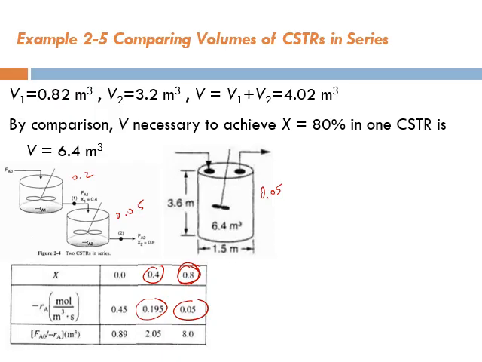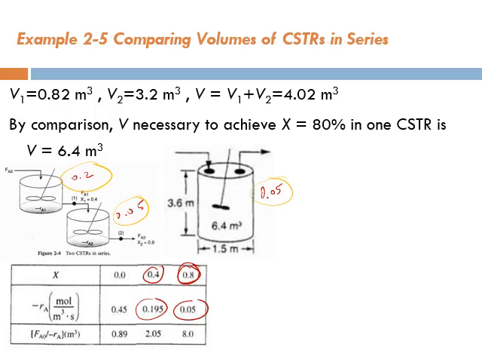Well, that's true. However, I cannot really compare yet. As you can see here, this number is similar to this number. As I said, the difference is coming from the first reactor, where the rate of reaction is very high because we have only 40% conversion. That means the concentration is still high in the first reactor.